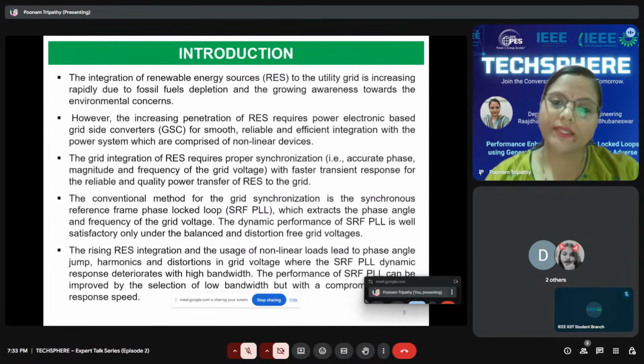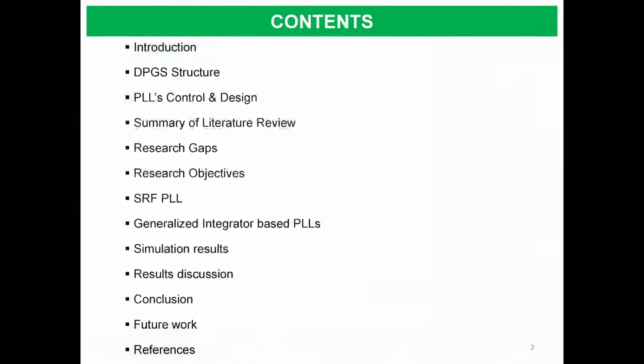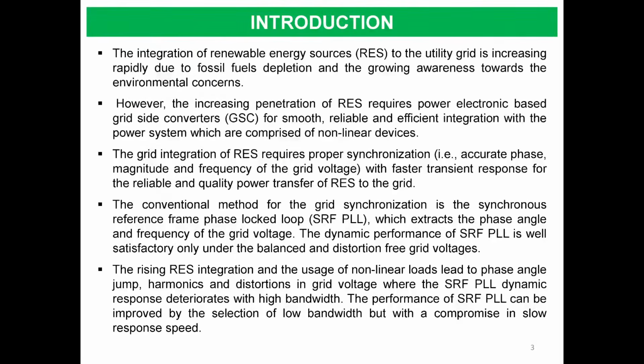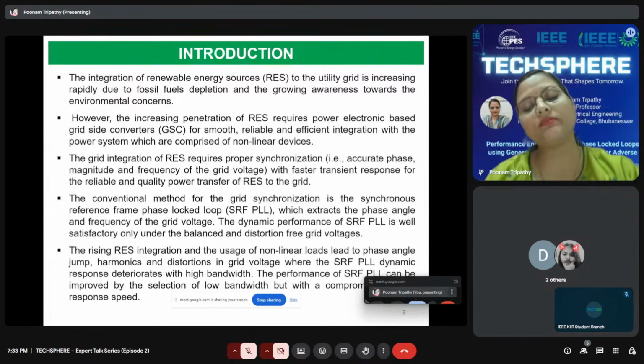Nowadays, in order to meet the increasing energy demand and to reduce the effect of greenhouse gas emissions, renewable energy sources are integrated with the grid through power electronic converters, which are basically known as inverters. So a robust control of these grid interface converters is required in order to ensure that the maximum amount of electrical power is transferred from the renewable energy sources to the grid.